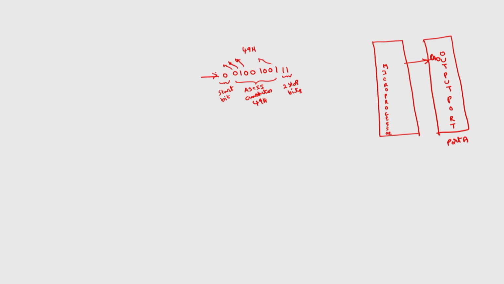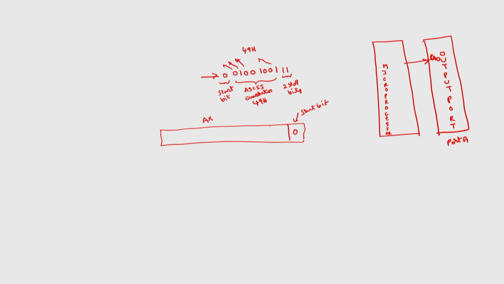First you have to send a start bit, which is 0. So, I will take this into some 16 bit register, say AX. First bit is the start bit, this is 0.